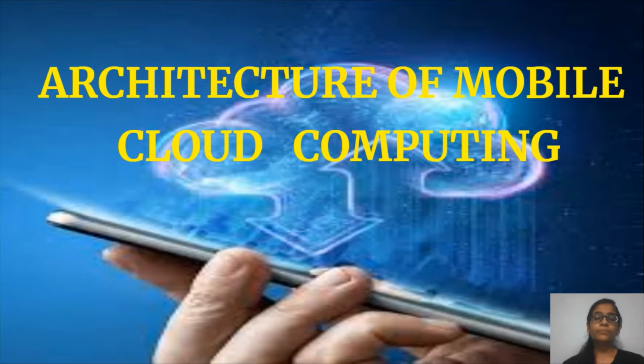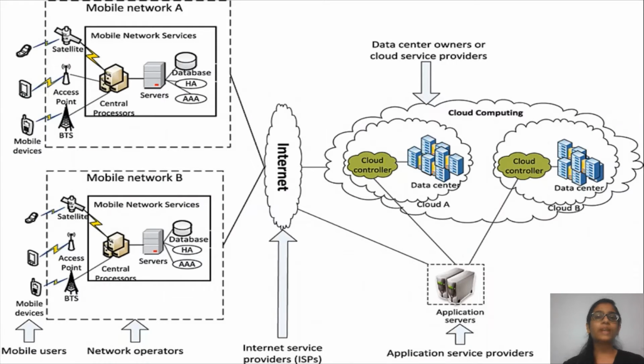Now, we will discuss the architecture of mobile cloud computing. So, in this diagram, you all can see we have two different mobile networks, that is A and B. In this, a base station connects the mobile device to network services used by the mobile device. These base stations can be a base transceiver station, access point or satellite.